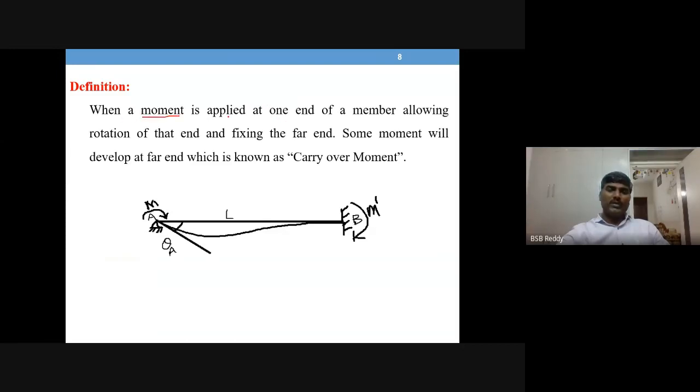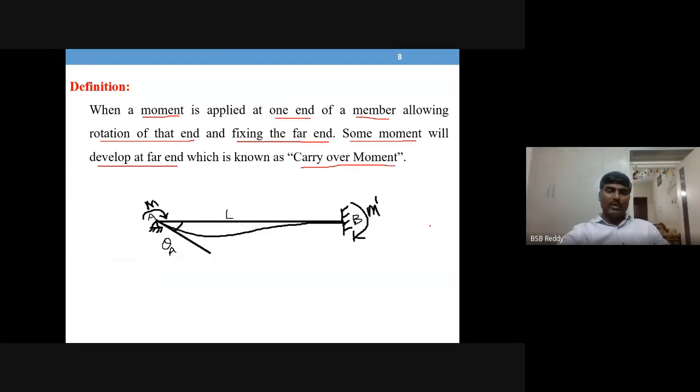When a moment is applied at one end of a member, allowing rotation of that end and fixing the far end, some moment will develop at the far end. That is called carryover moment. If you see the picture, you will clearly get this definition.